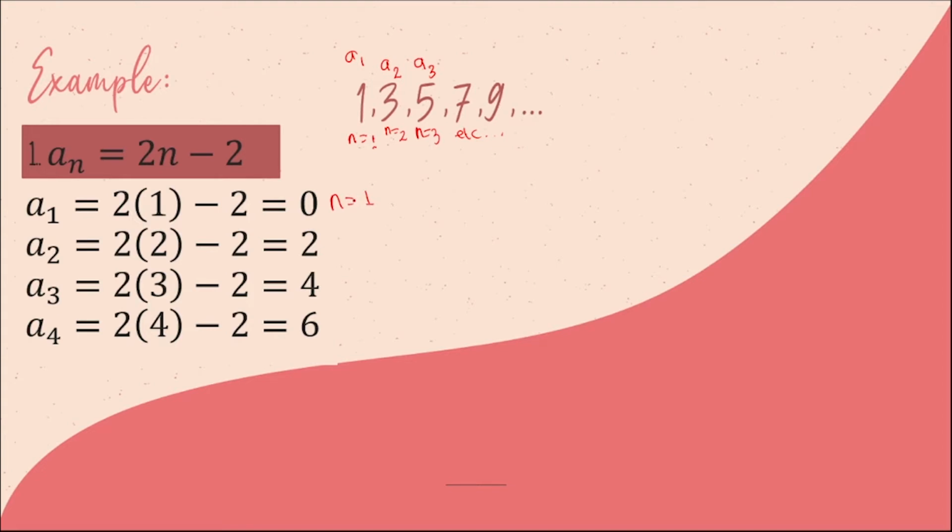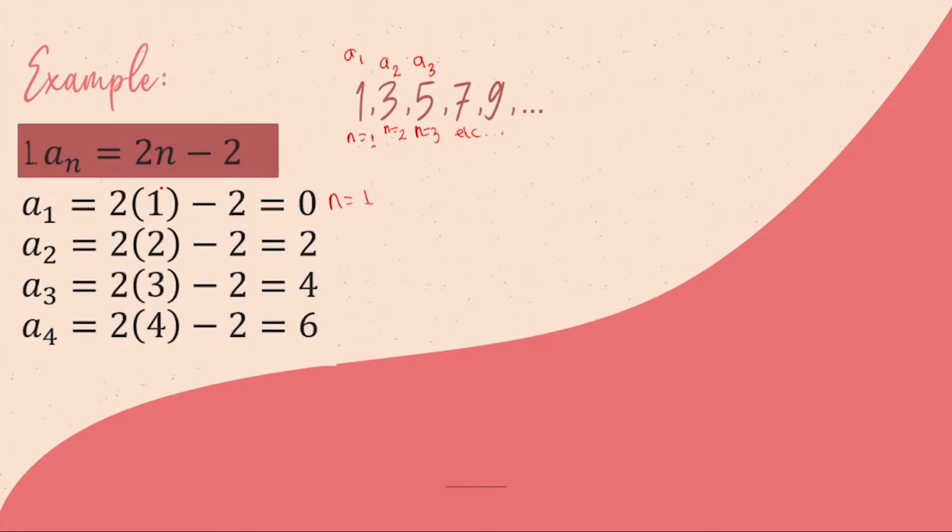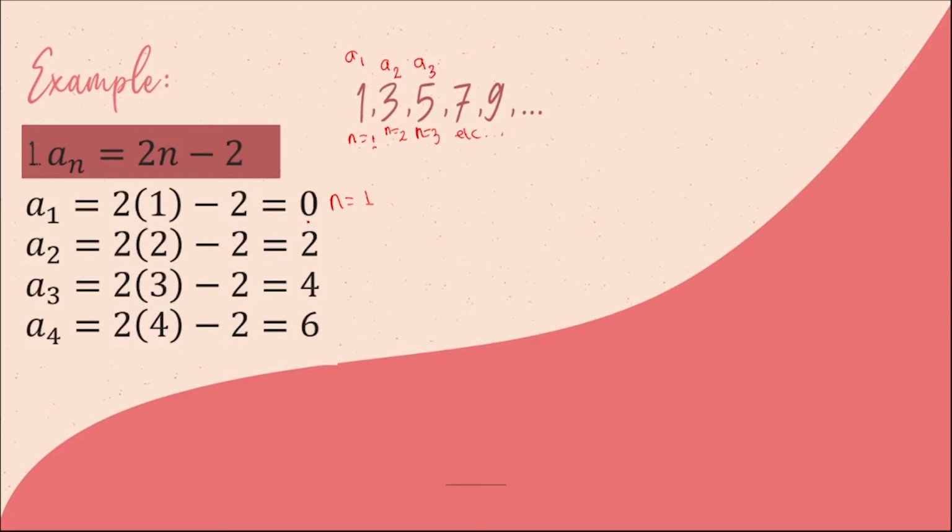That's the first term. So wherever we see n, we are gonna put 1 in place of n, and then we are gonna multiply by 2 and subtract 2. So 2 times 1 is 2, minus 2 equals 0. You can use the same method for the rest of the terms.